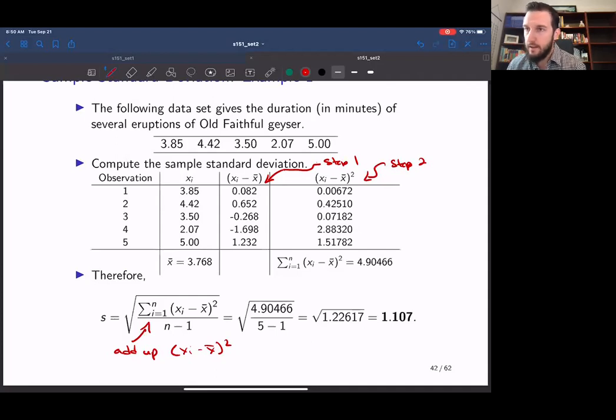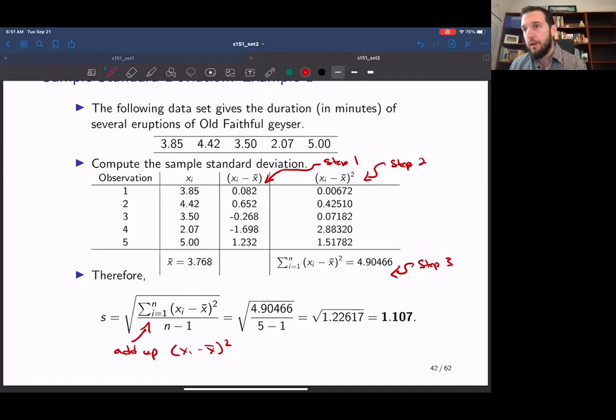Negative 0.268 squared is 0.07182, etc. Now, because we want to add up each of the squared differences, we can take the values in the last column and add them together. This is 4.90466, the sum of these 5 values above it. So step 3 is just adding those squared differences together.